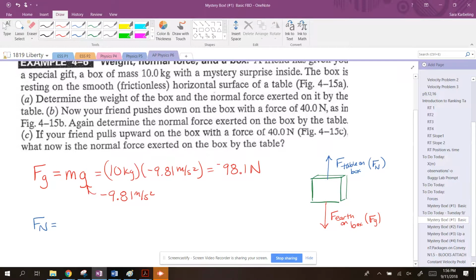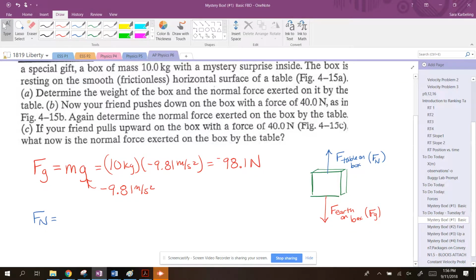How can you find the normal force in this case? It's the same as the force due to gravity, right? Because we know that they have to add up to 0. So we can reason through that the box is not moving, which means that the net force has to be equal to 0.